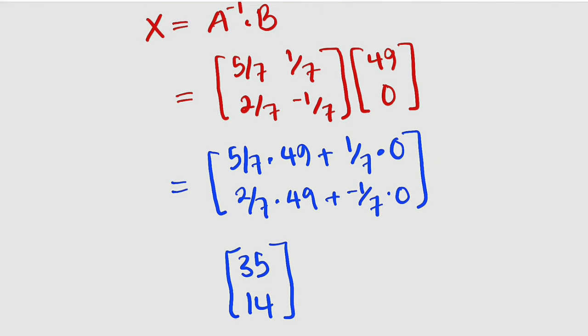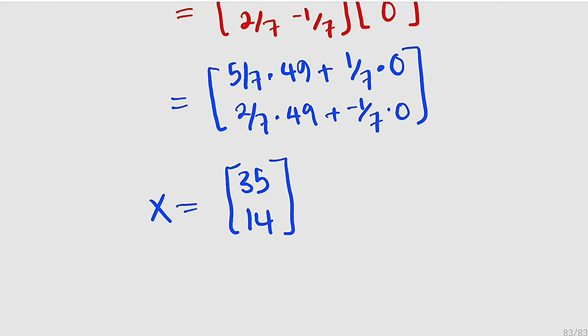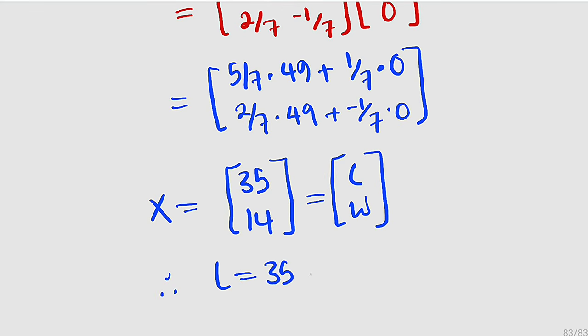So this is the value of X. But remember, x represents L and W, which implies that L is equal to 35 while W is equal to 14. So this is our final answers.